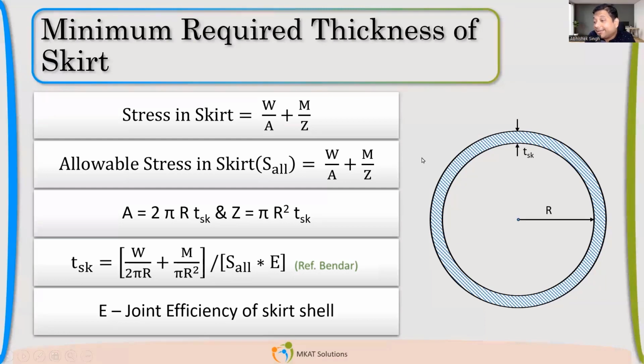The logic which I think, as per my opinion, is that thickness may differ for various combinations, because there are lots of variable thicknesses depending upon the multiple cases which you can create. And that is the reason the code, instead of calculating the thickness, calculates the stress. And for that case, what is the allowable? It compares with that and qualifies. So basically it qualifies based on stress, because for each case, your W and M both are changing. So that is the reason it does not print the thickness calculation.